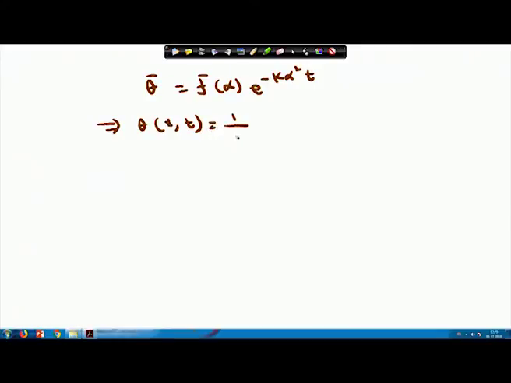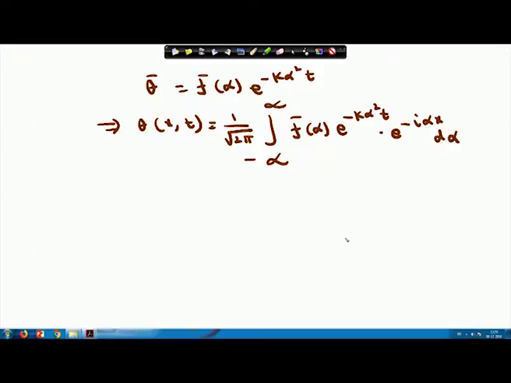This equals 1 by root 2 pi, integral from minus infinity to infinity, f bar alpha e power minus k alpha square t into e power minus i alpha x into d alpha. I will obtain this. And if f bar is known to me, then I can evaluate this integral. So, in this way we can find the value of theta x t.